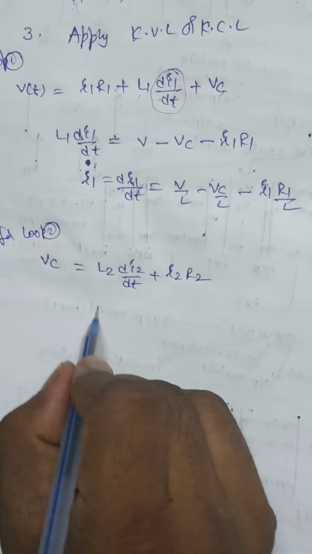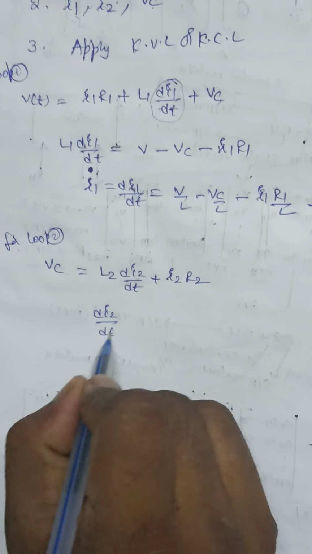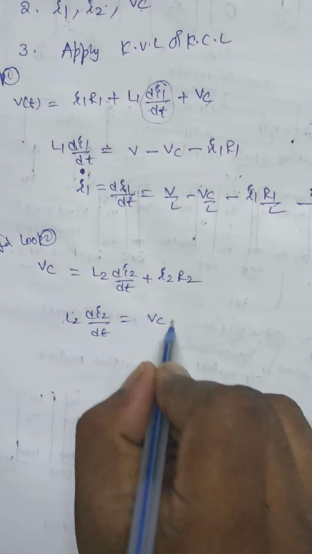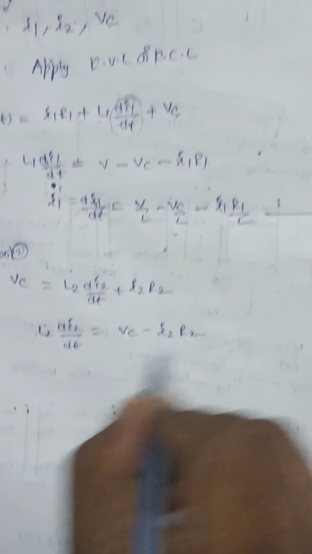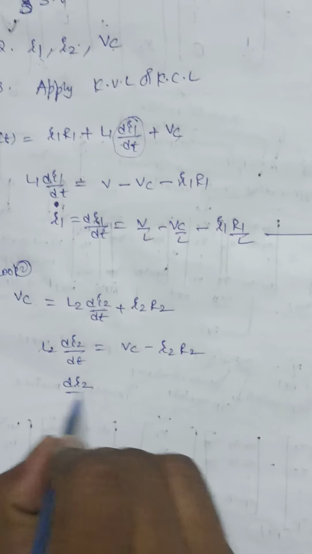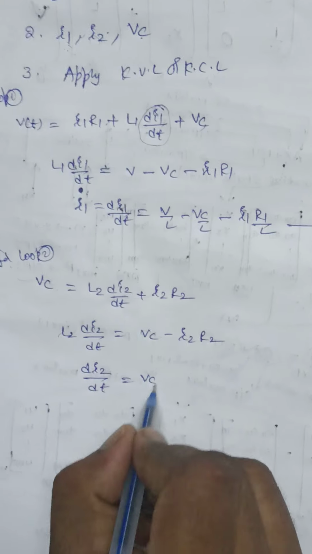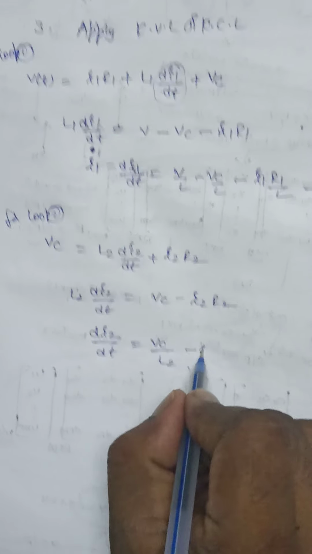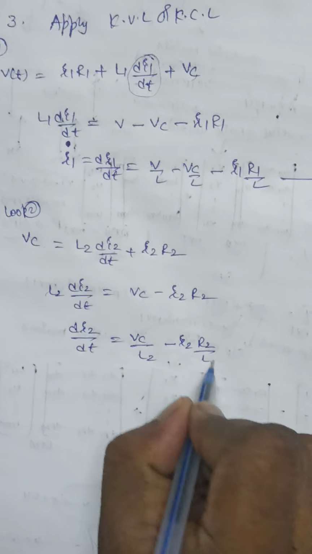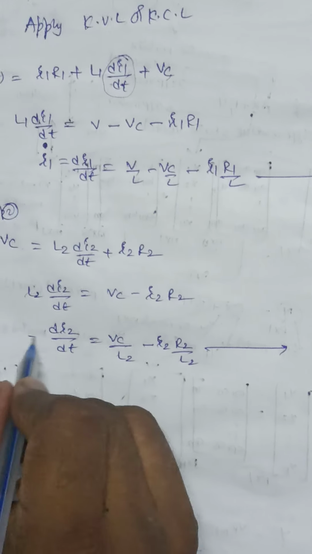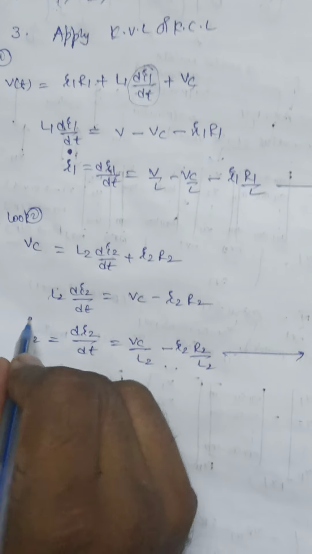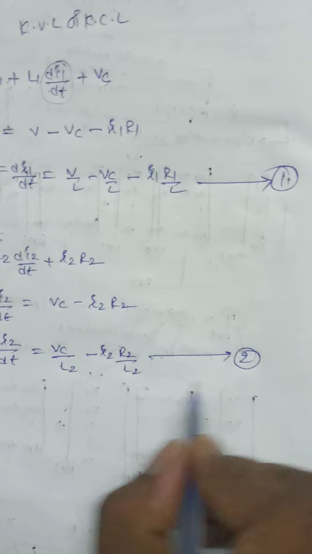Now L2 into di2 by dt is equal to Vc minus I2 into R2, so di2 by dt is equal to Vc by L2 minus I2 into R2 by L2. So this is I2 dot, equation number 2.